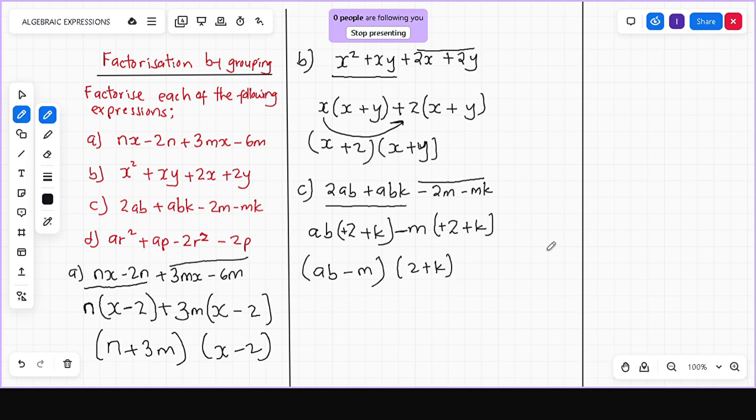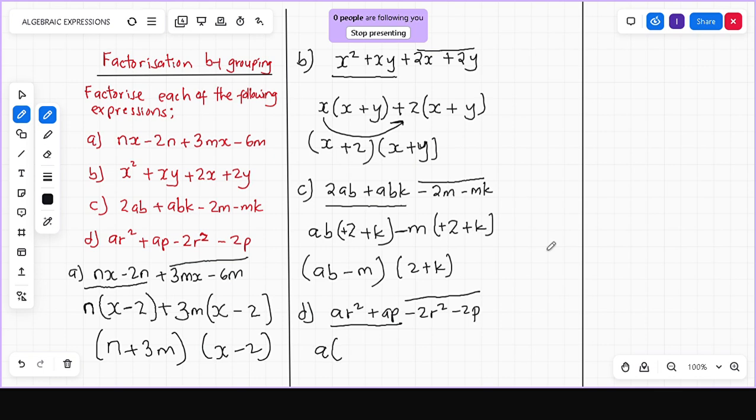Then finally going to part D, we've got ar squared plus ap minus 2r squared minus 2p. Again, you can pair the first part and the last part. The common factor in the first part is a. We've got ar squared and ap, so a is the common factor.